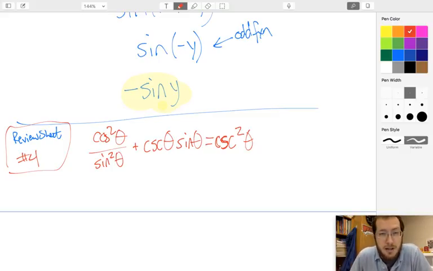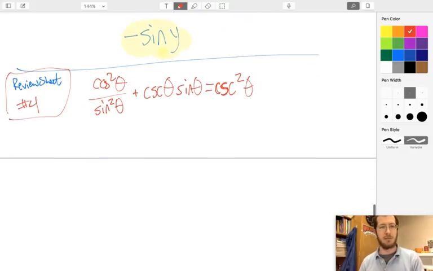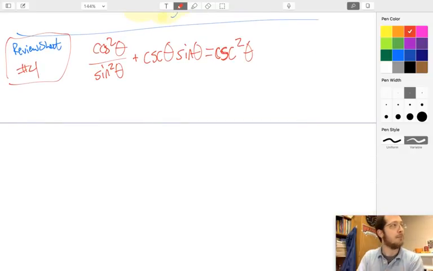Looking at our two sides, the left side definitely looks more complicated, so let's start with the left side. Our goal is to get a single term. So somewhere along the lines, this sum is going to have to come together.